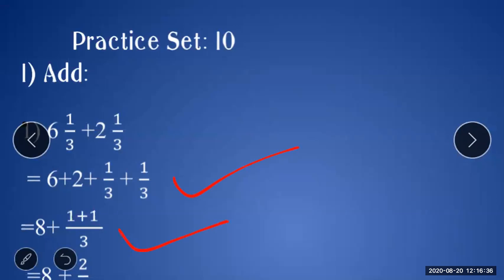So you don't have to make the denominator equal. If equal denominators are given, you don't have to make them equal. You write the same common denominator and add 1 plus 1 upon 3.